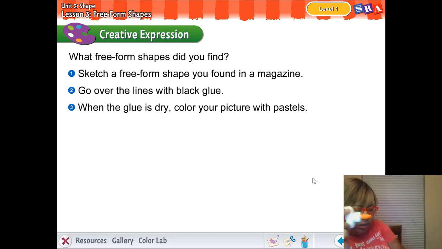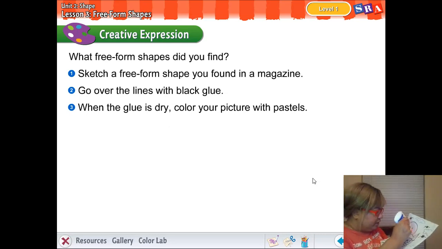And I could trace my picture with not a lot of glue. I'm just going over the lines so that it creates texture. I'm going over, and this is an owl. And the owl is a freeform shape.